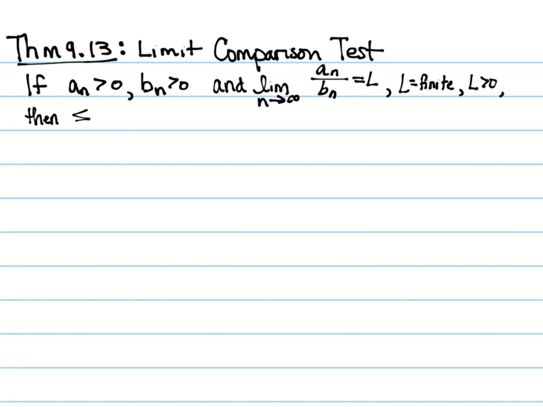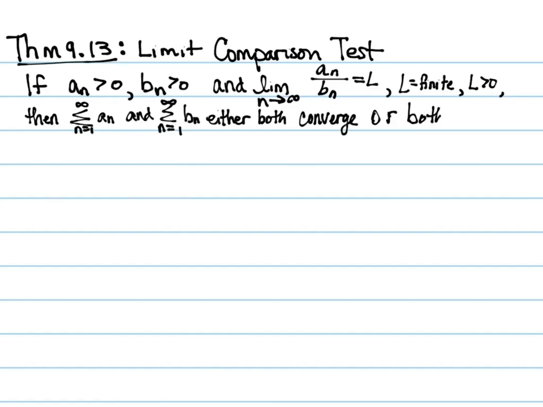Then the summation from n equal 1 to infinity of a sub n and the summation from n equal 1 to infinity of b sub n either both converge or both diverge. Whatever one of them does, the other one will do as well.